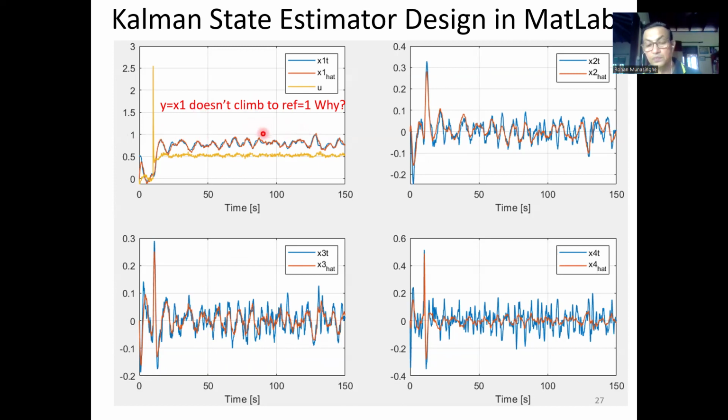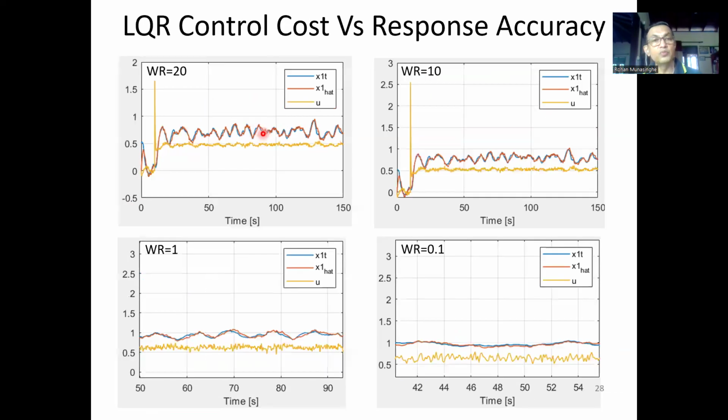The question is why. Now, put various values for WR and see how the response changes. When you have WR equals 20, you get this kind of response, WR equals 10, this kind of response. WR equals 1, much better response. WR equals 0.1, very good response. Now, x1 goes to the actual set value, that is 1. The reason is that WR is the cost of the control effort.